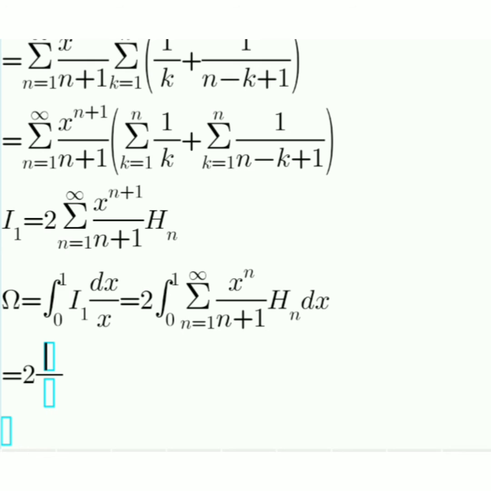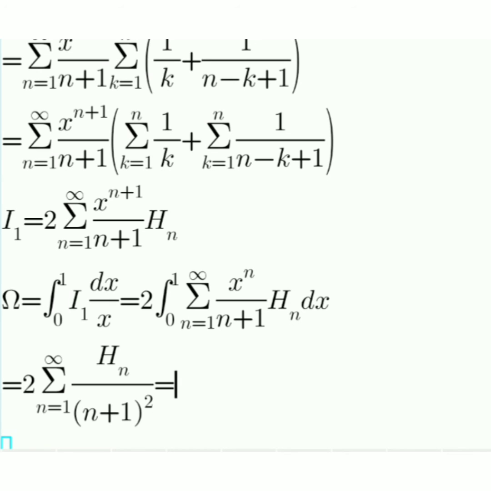So my result will come this way: summation n equals 1 to infinity, and this value will be capital Hn into n plus 1 whole square. Friends, very simple. Now what you will get is 2 into summation n equals 1 to infinity, Hn by n whole square.